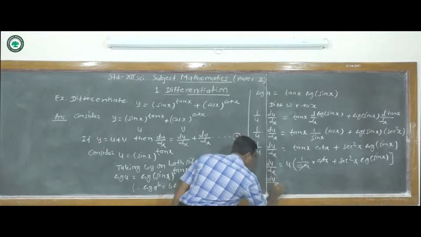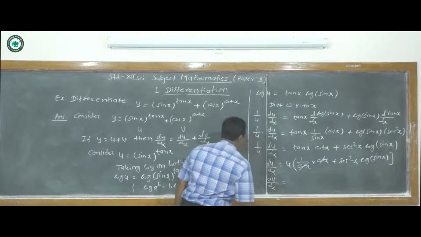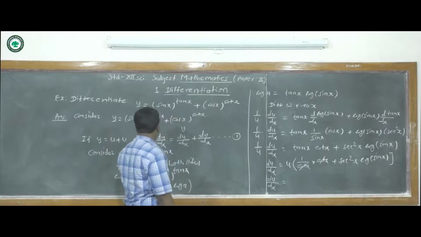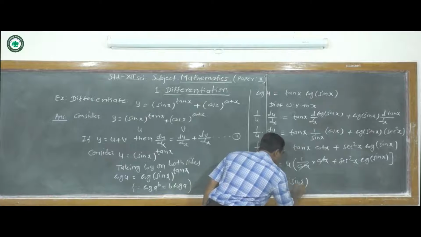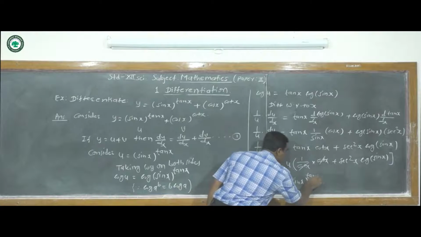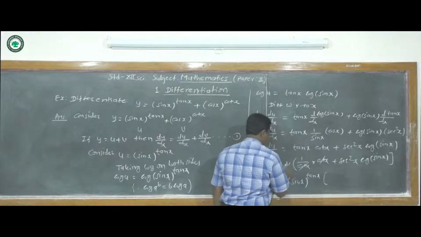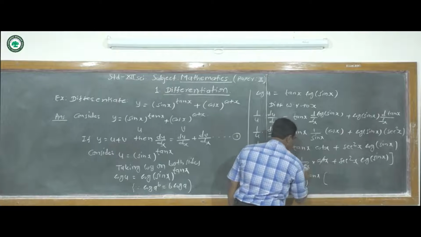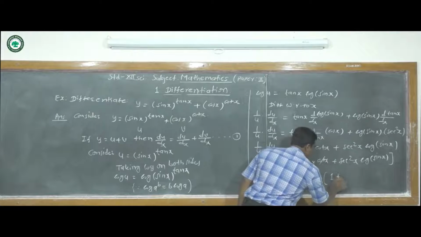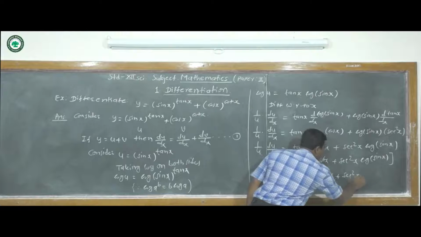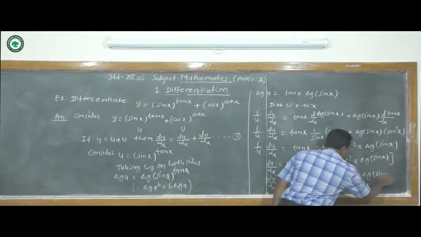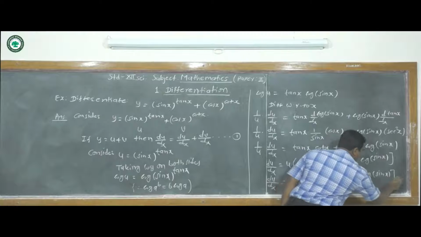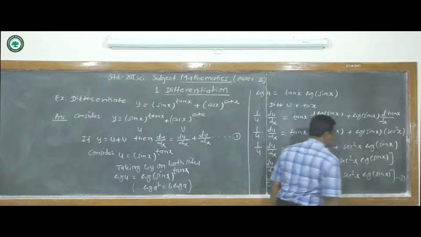Therefore, du by dx equals sin x raised to tan x into, in bracket, 1 plus sec square x into log of sin x. Say this as equation number 2.